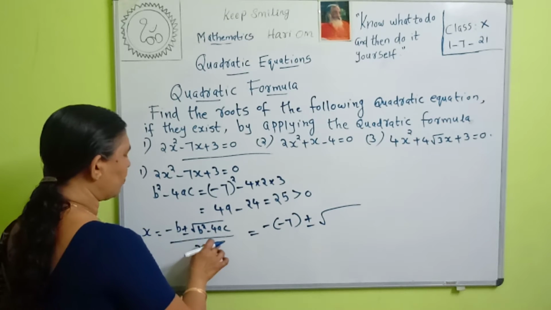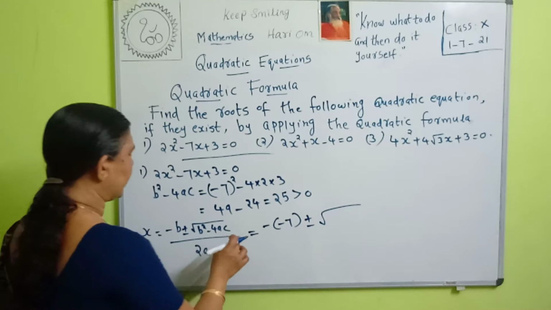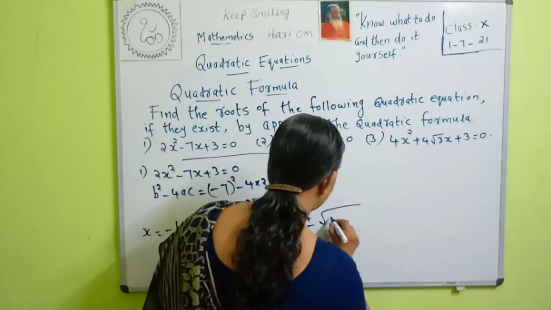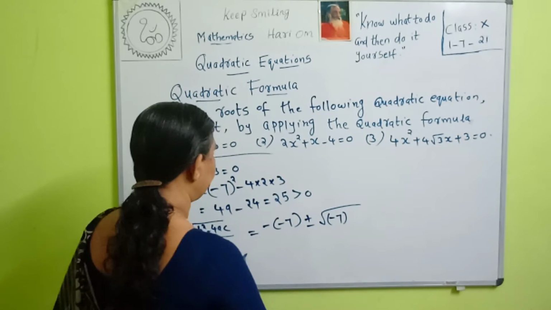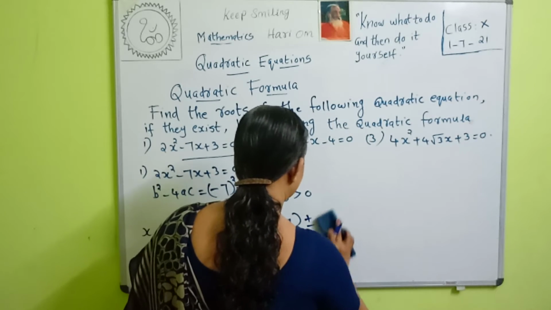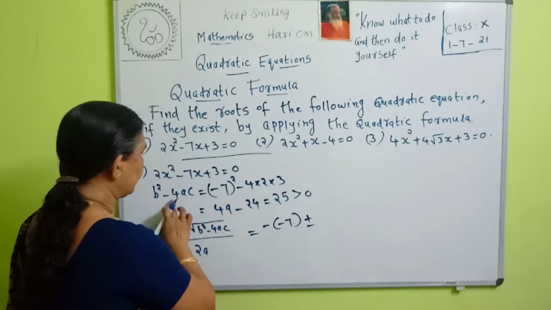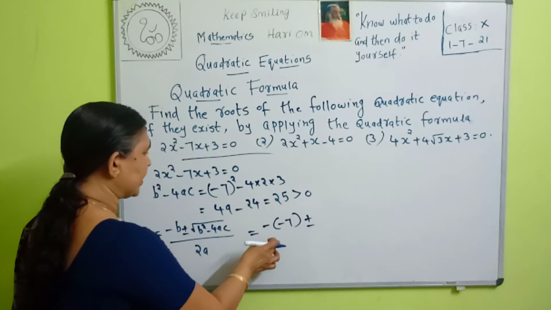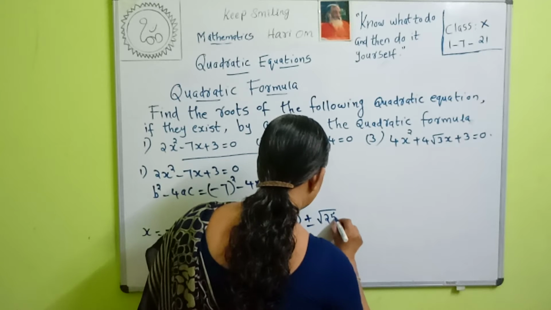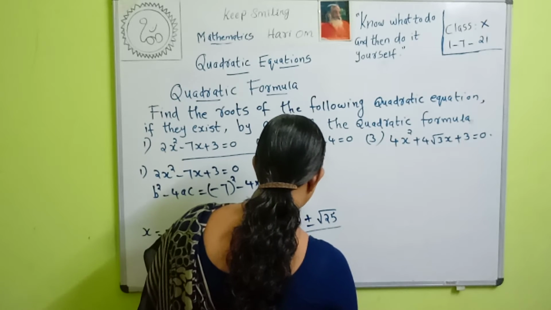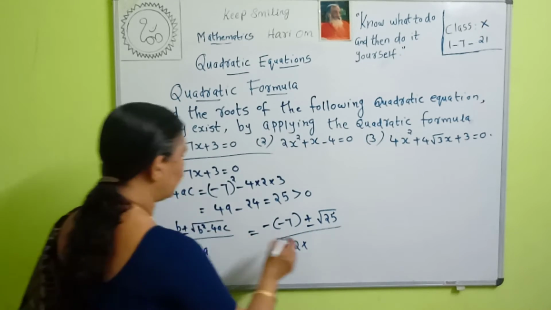Plus or minus root of b square minus 4ac, which we already found, is 25. So x is equal to 7 plus or minus root 25 by 2a, and 2 into a is 4, since a is 2.